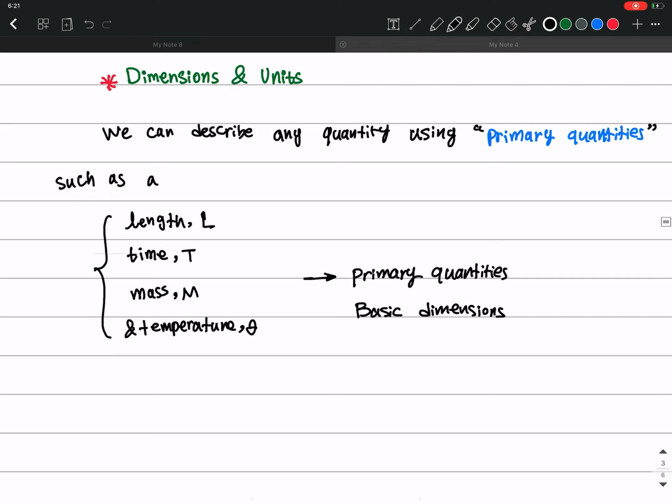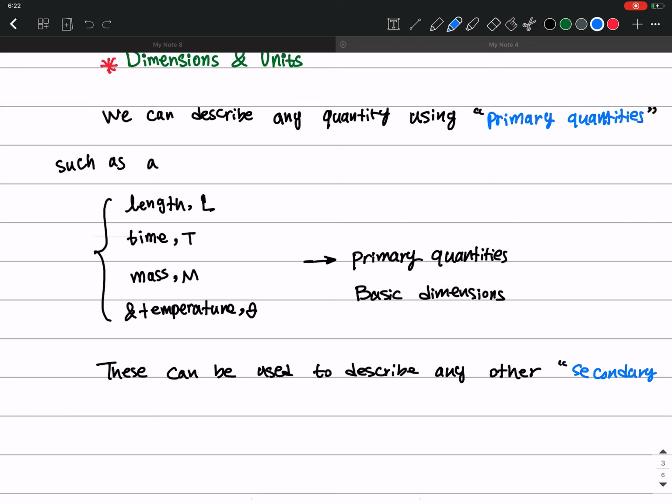Okay. So these can be used to describe any other secondary quantities such as velocity, acceleration, even something like pressure, which is very important in fluids, right?